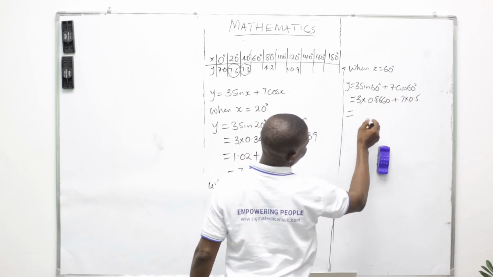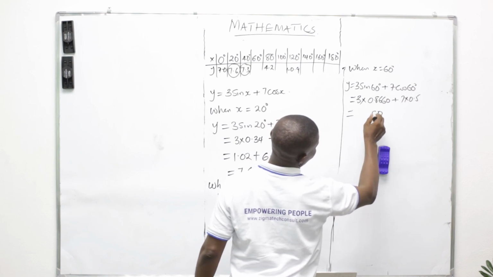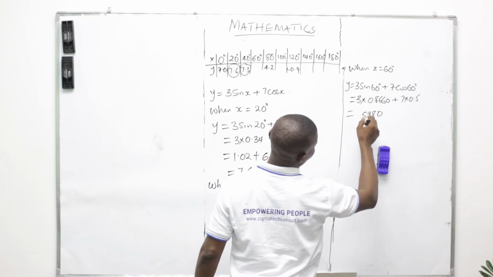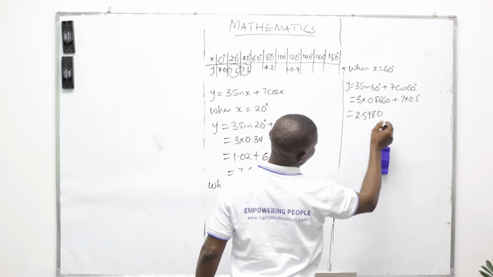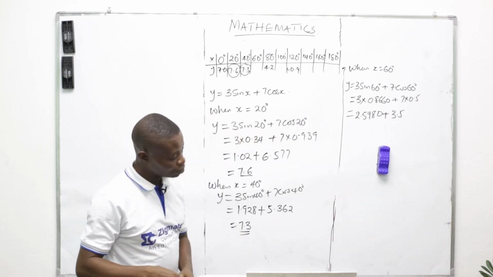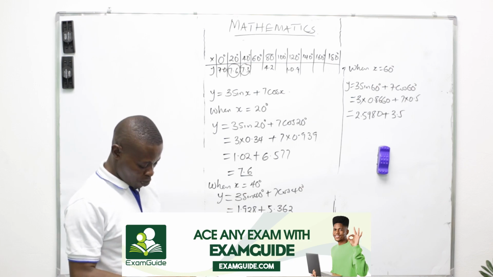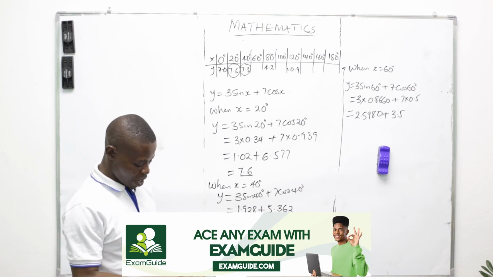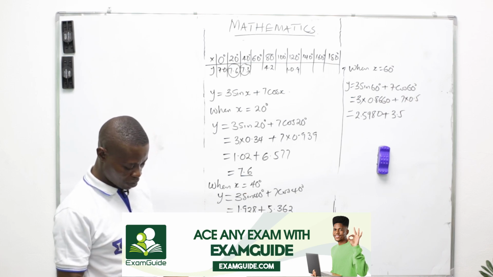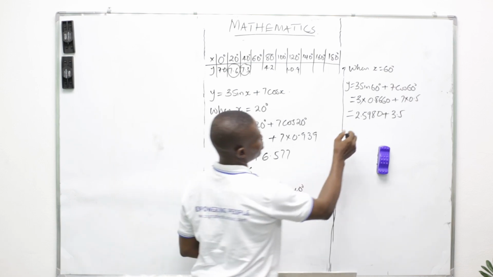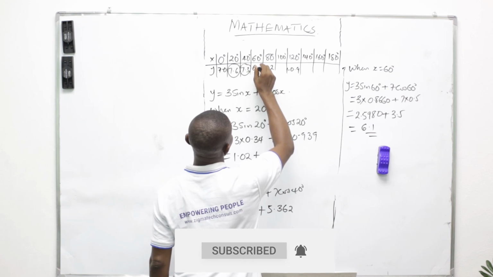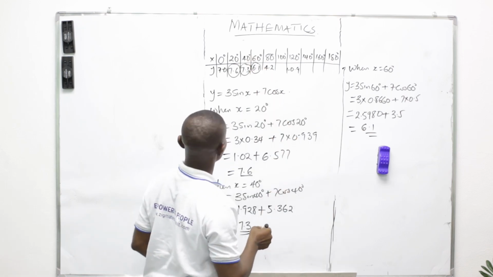So this will give us 2.598 plus 3.5, which equals 6.1. Here is 6.1. You circle it.